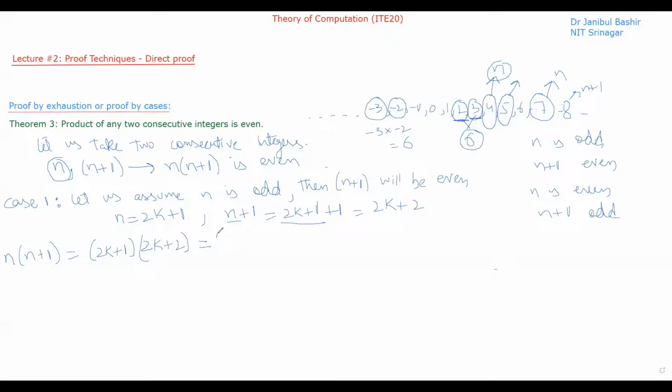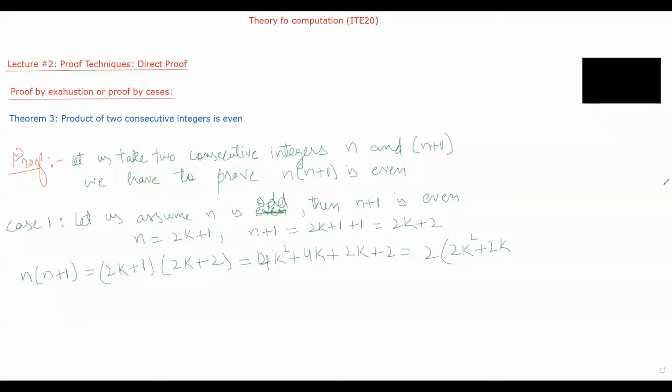It will be 4k square plus 4k plus 2k plus 2, which is equal to, taking 2 as common, 2 into 2k square plus 3k plus 1.